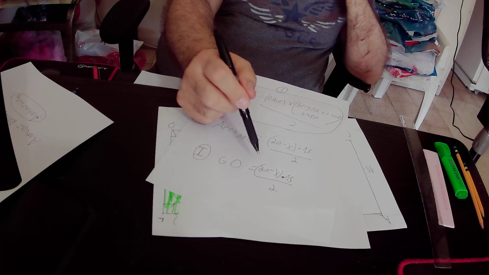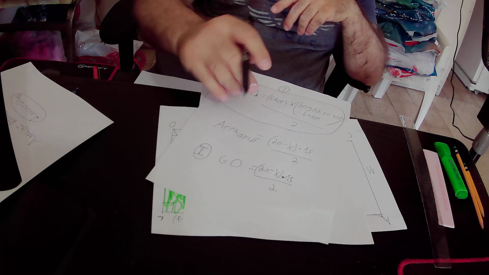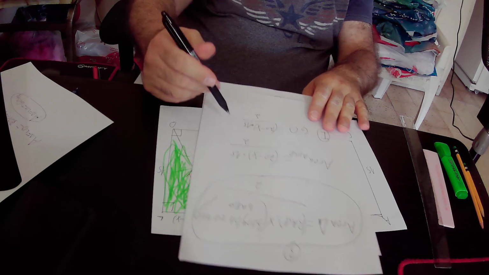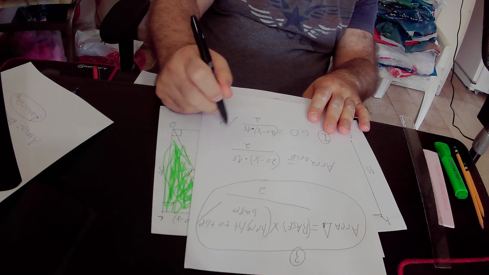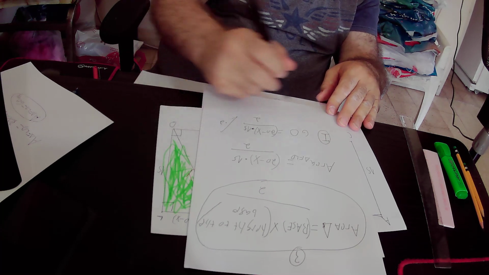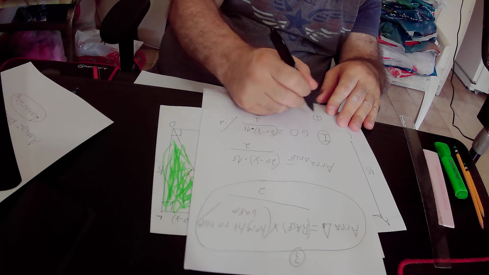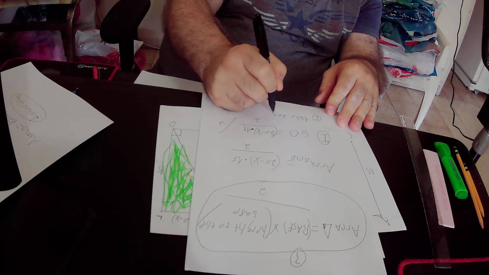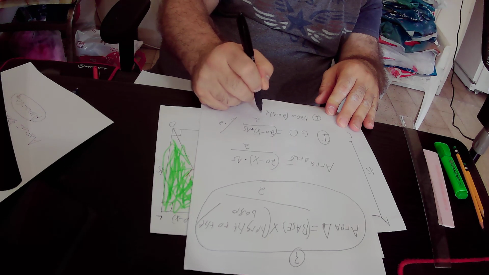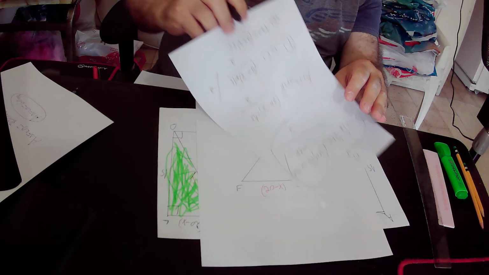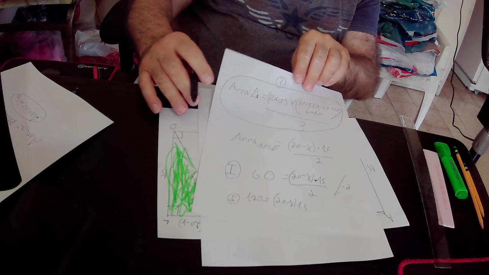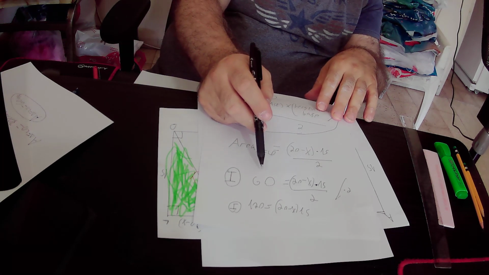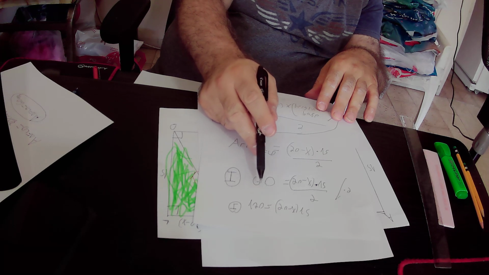Now we multiply equation number 1 by 2. 60 times 2 is 120.